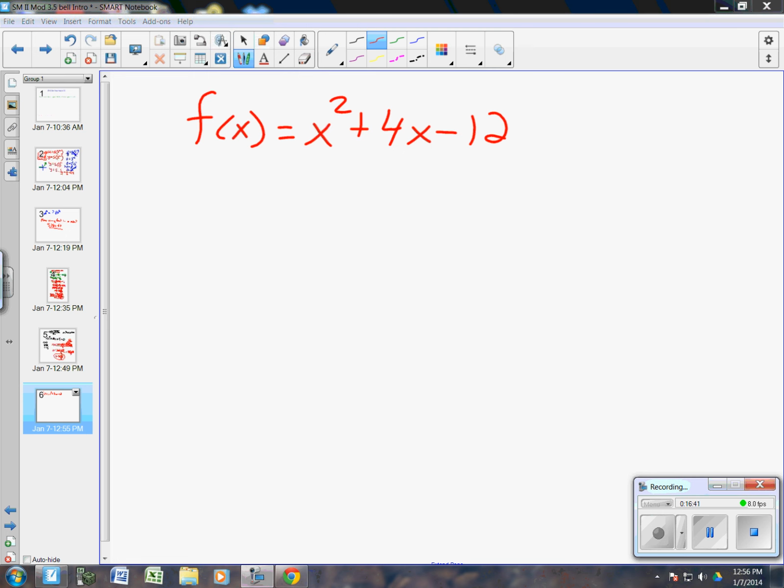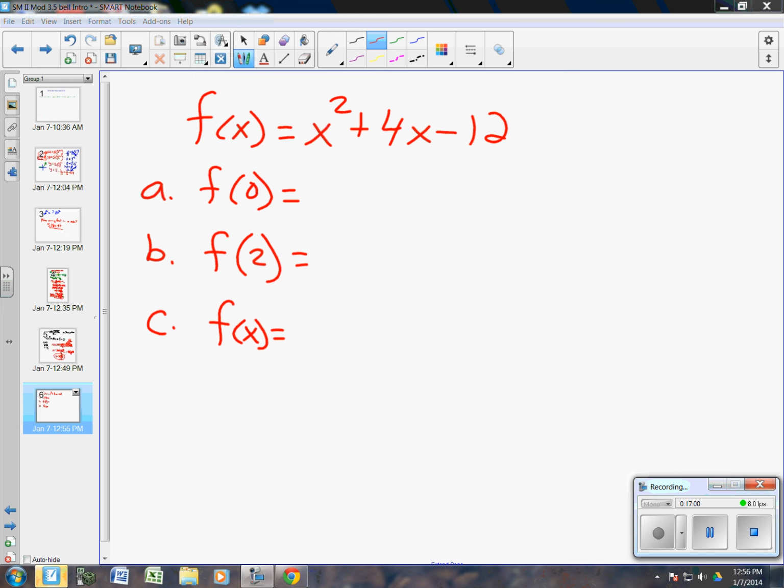It asks you to do 4 things right here. It says find f of 0. And then it says f of 2. And then it says find f of x equals 0. What is x?